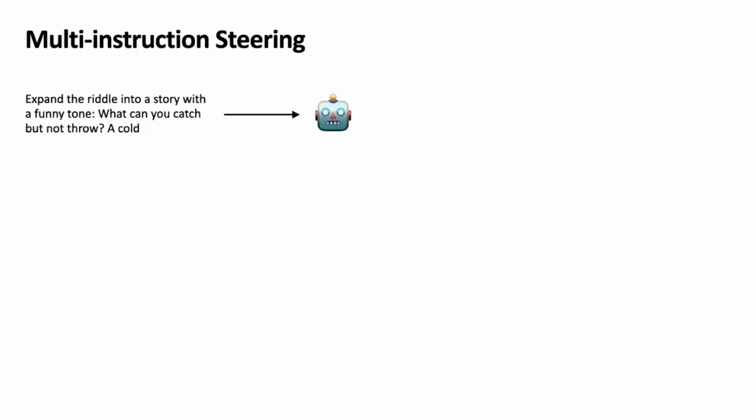And to simulate the scenario, we constructed a dataset of base queries, and we combined a constraint about the format, the first class of instruction that we saw earlier, and a length constraint.